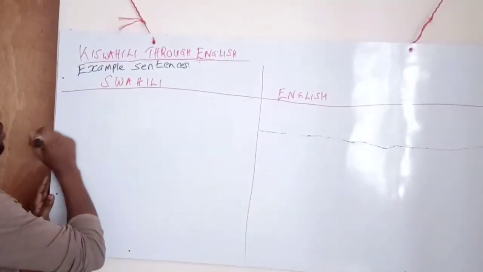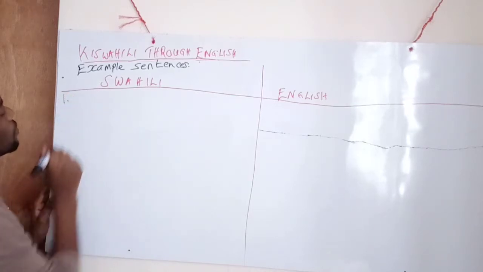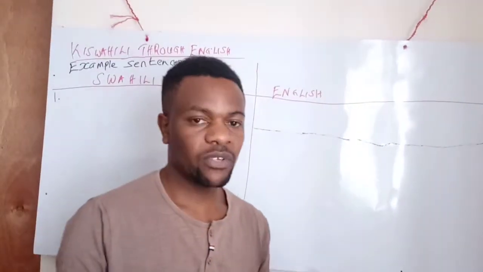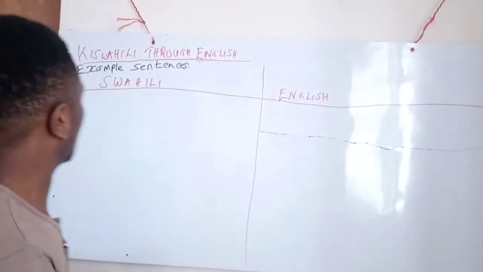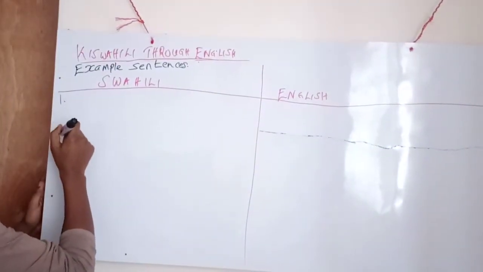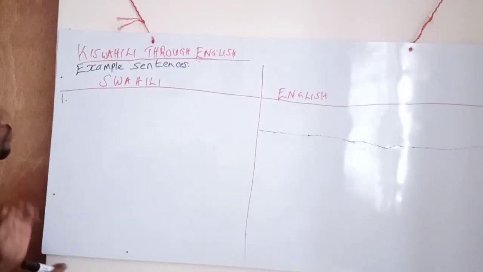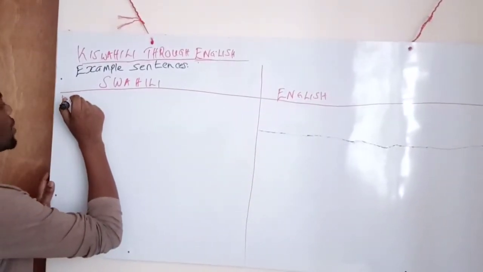So today, our first example of a Swahili statement that might be of help to you is nisaidie na maji.